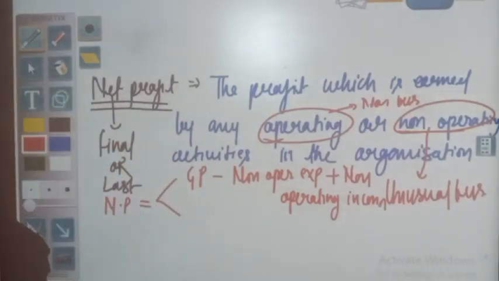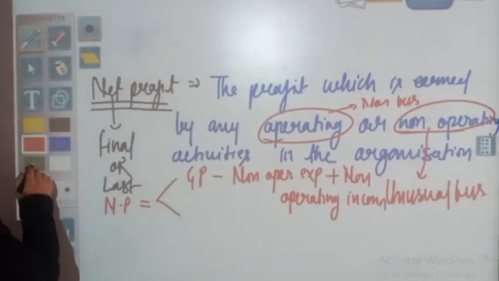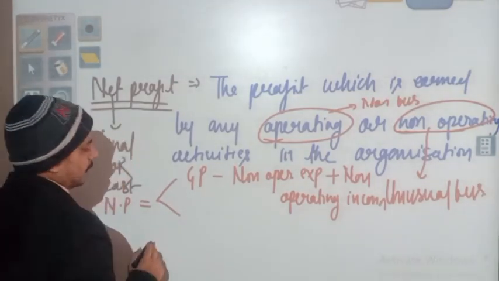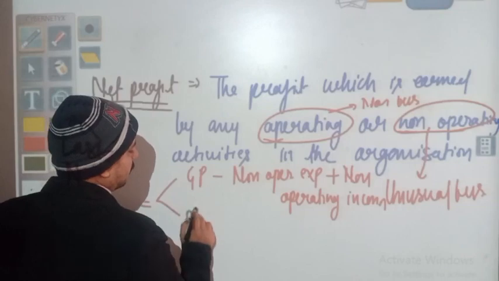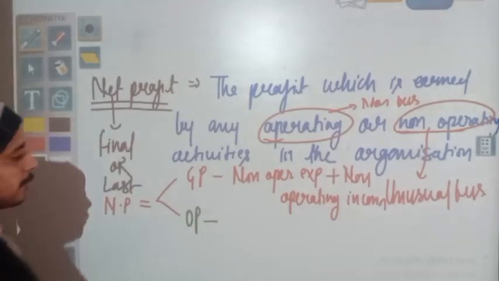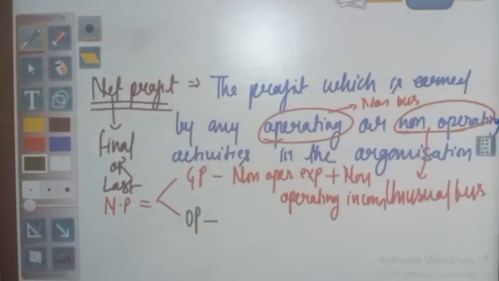Similarly, if we talk about the relationship of net profit and operating profit, then we could say that the net profit could be calculated with the help of operating profit by reducing the non-operating expenses and adding the non-operating income.